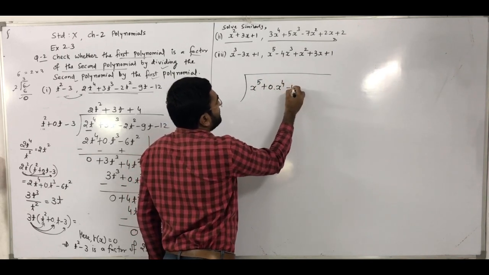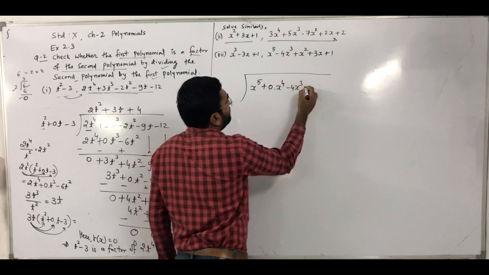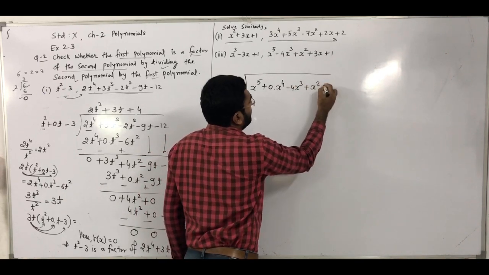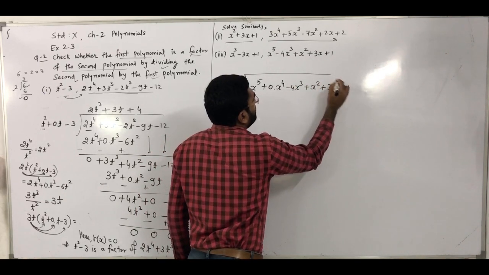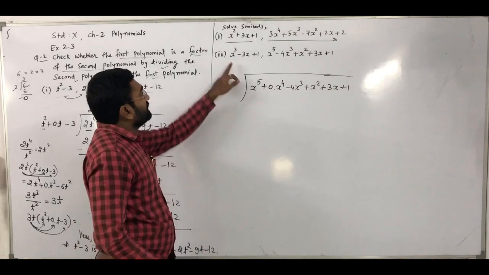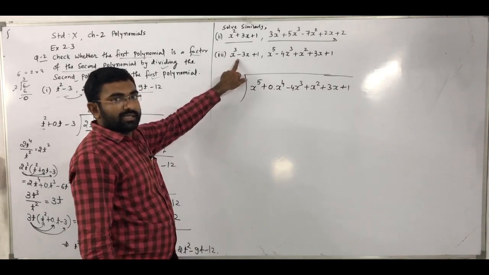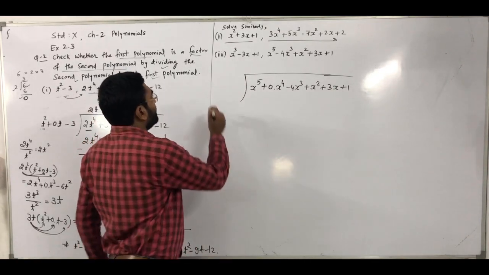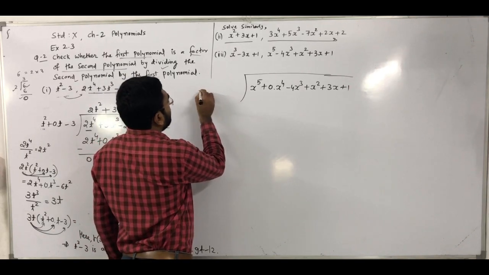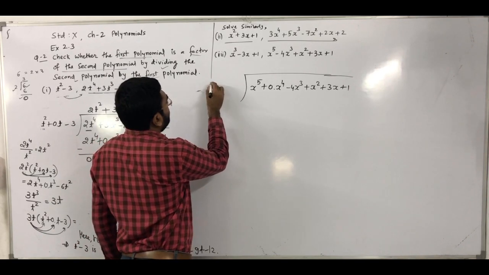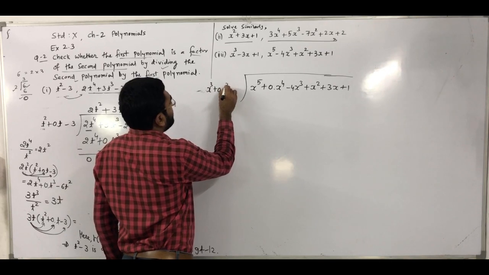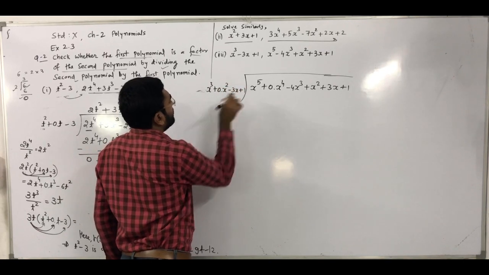Then the x cube term is given, so we write it as it is. The x square term, x term, and the constant term are given. After x cube, the x square term is not there, so we add it with 0. So we get x cube plus 0 into x square minus 3x plus 1.